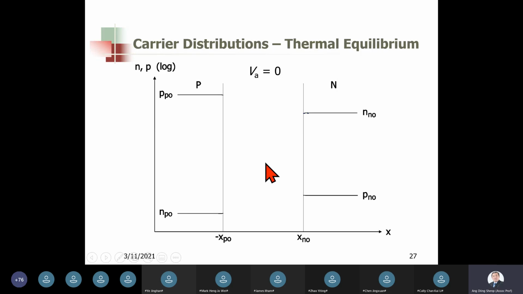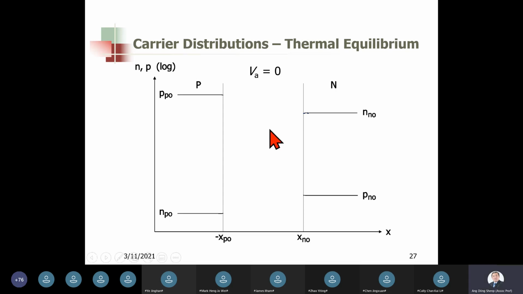So up to this point, we do not know the exact form of the equation that would describe how the hole concentration and the electron concentration vary across the space charge region. So to avoid potential misunderstanding or confusion, I have decided to remove the lines in the space charge region, which are not important anyway, so you do not need to know them at all.